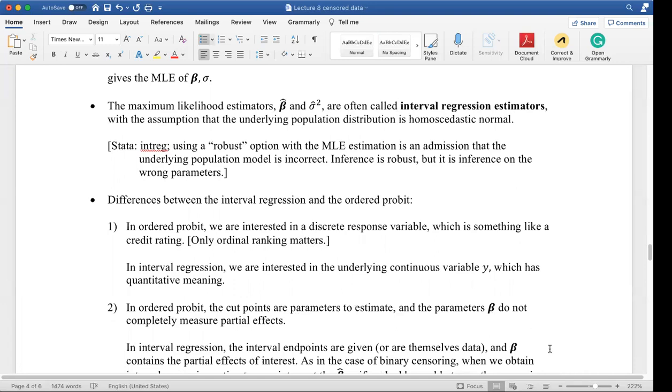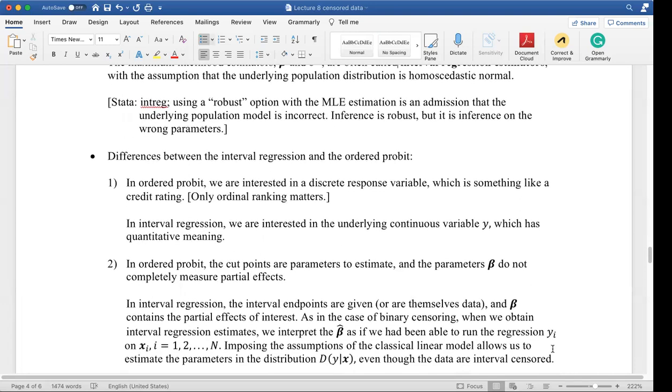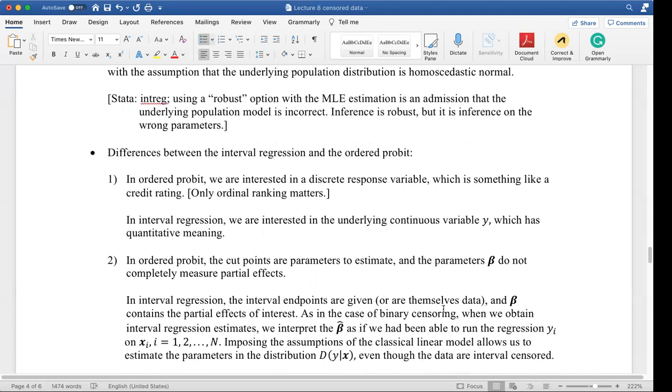Okay. In interval regression, the interval endpoints are given or are themselves data, and beta contains the partial effects of interest. As in the case of binary censoring, when we obtain interval regression estimates, we interpret beta hat as if we had been able to run the regression of y sub i on x sub i, i going from 1 to n.